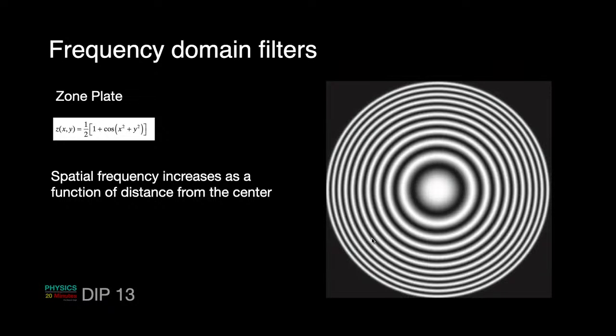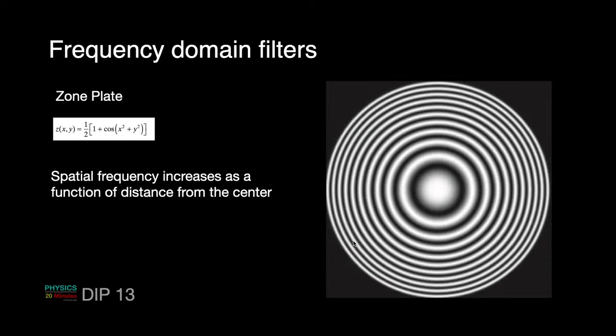So as you go towards the periphery, we will say that the frequency component of the image is increasing. As you go towards the center, we say that the frequency component of the image is, I'm sorry, I said opposite. As you go towards the periphery, the objects are getting smaller, they're repeating themselves quickly.